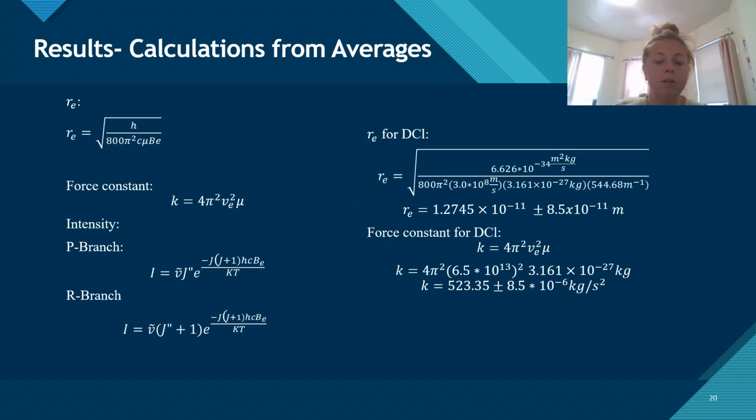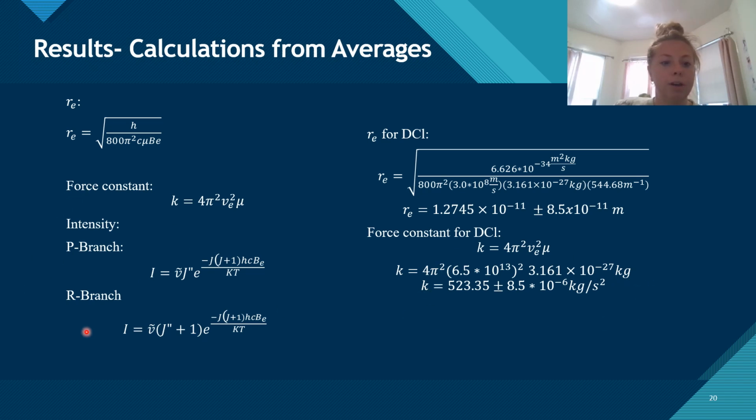Okay, so we were also able to calculate R sub E, which is the bond length at equilibrium, so with no compressing or stretching. And I did a sample calculation for DCl over here, and then the force constant, which is the vibrational force constant. I also did a sample calculation for that for DCl as well.